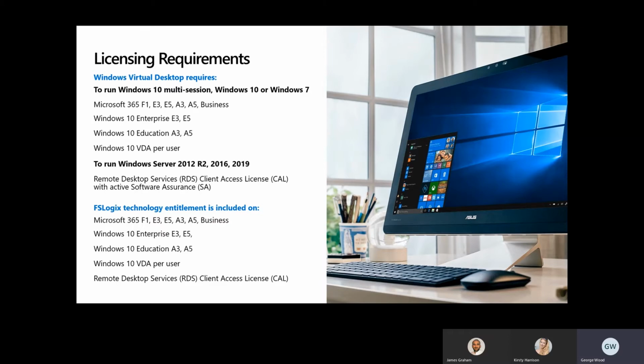You also get access to the FSLogix technology with the same licenses. So if you are running Windows Virtual Desktop because you have one of these licenses, you also have the ability to run FSLogix, and I would really recommend looking to integrate with that technology.